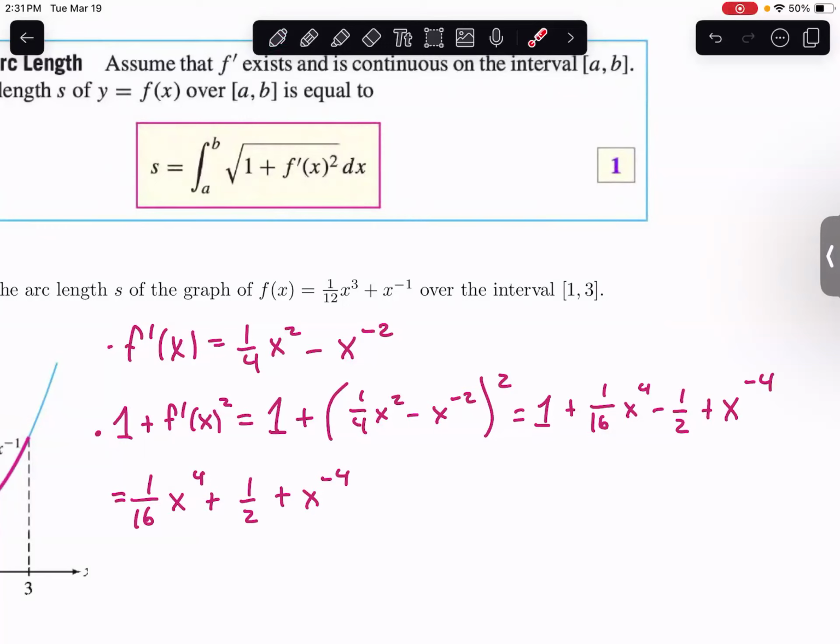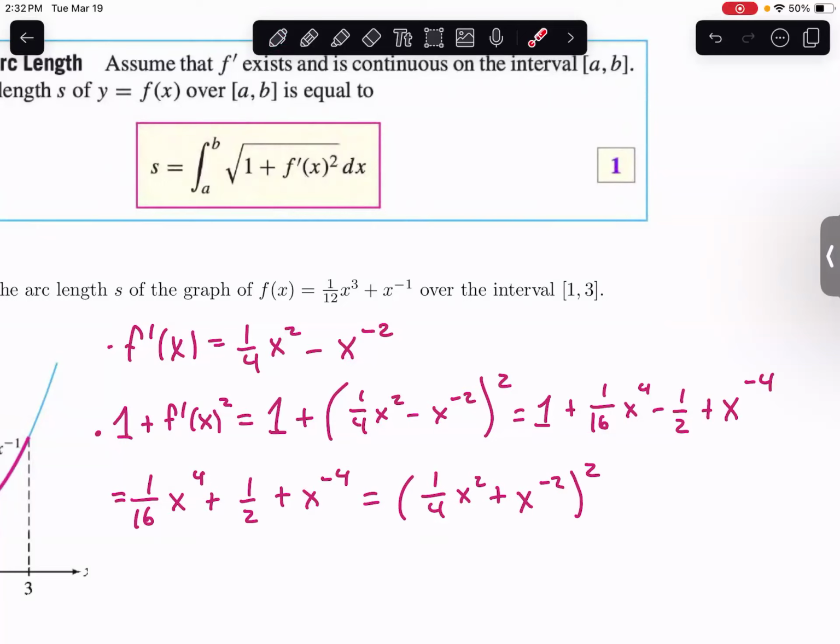If you just focus on this part, it's really similar. The only difference is we have a plus sign here instead of a minus sign. And we know that this part here was equal to the square of 1 over 4 x squared minus x to the minus 2. So you can actually rewrite this as 1 over 4 times x squared plus x to the minus 2, squared.